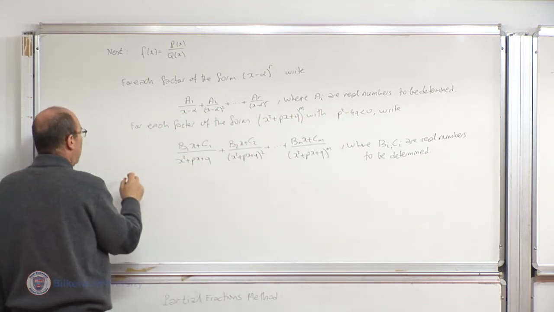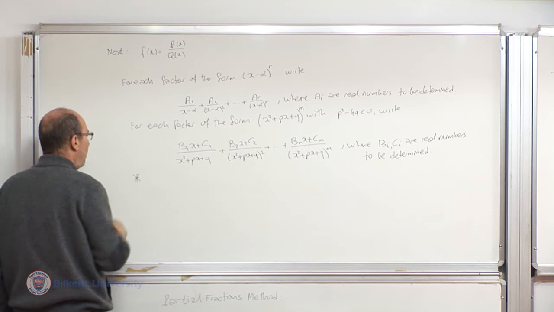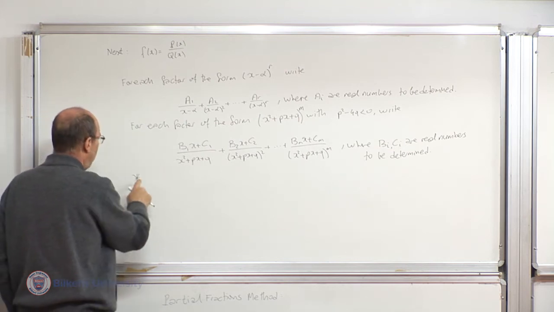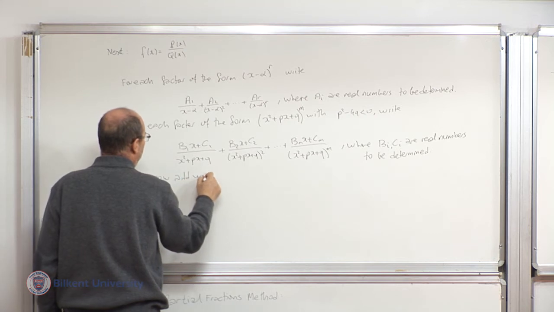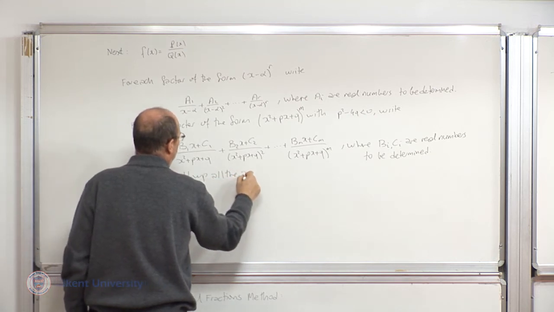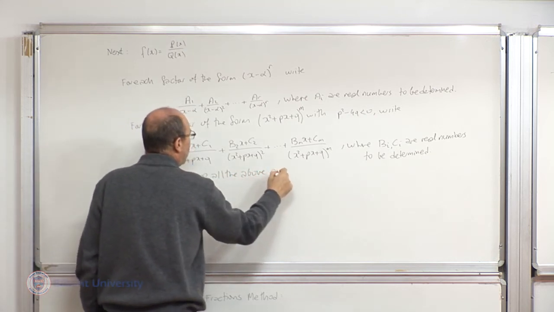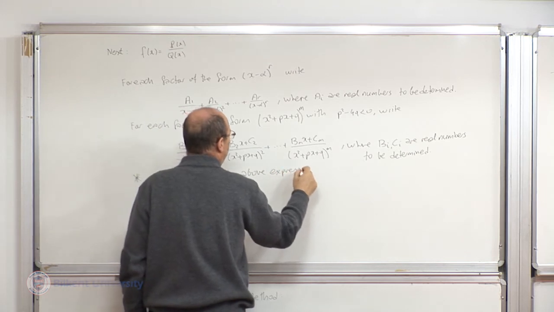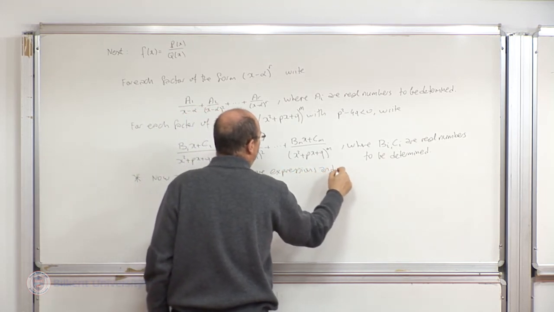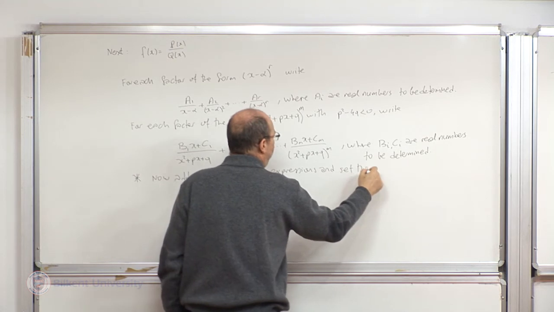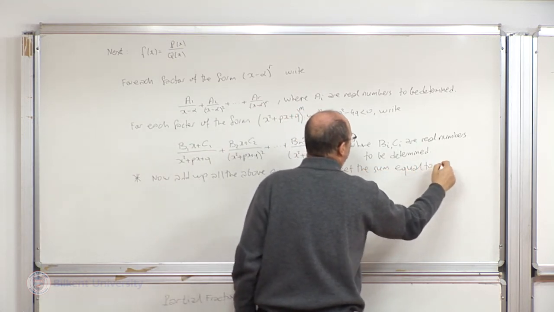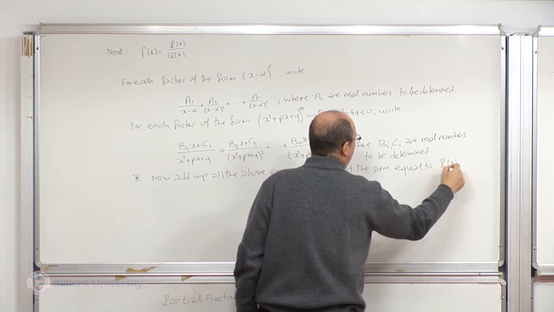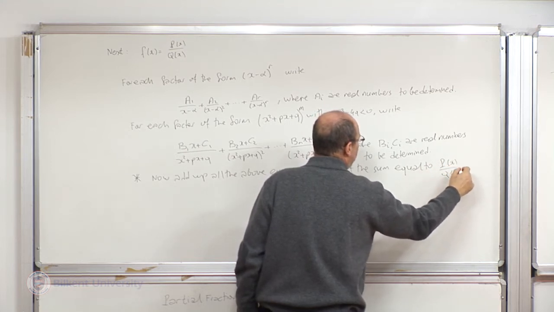Okay, so the next step is also very easy. Now add up all the above expressions and set the sum equal to f of x, p of x over q of x.